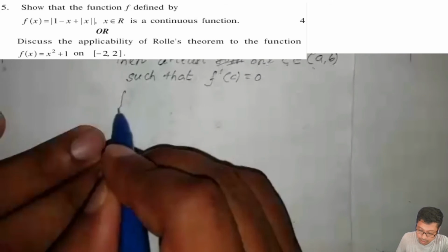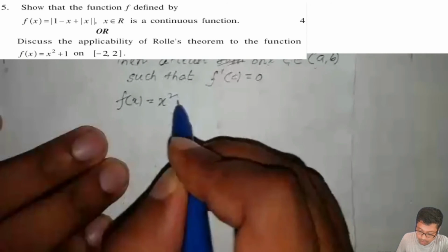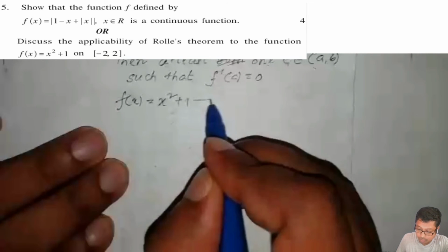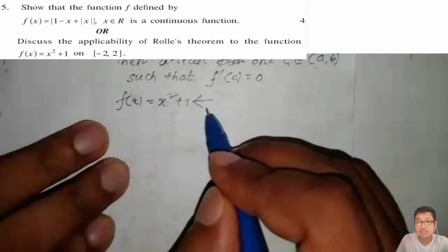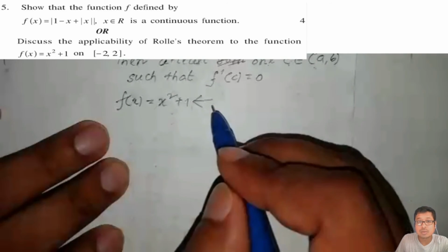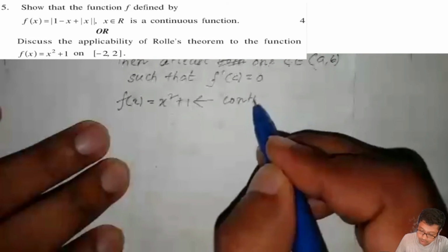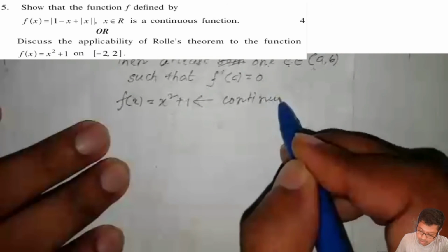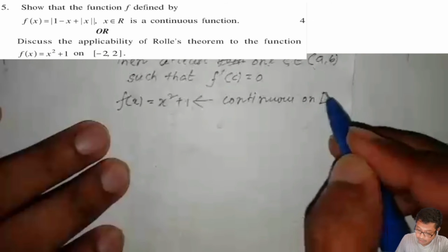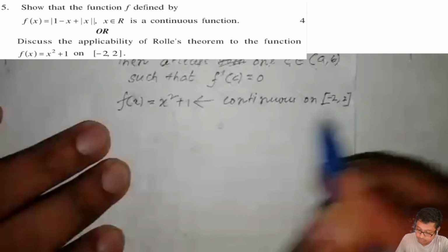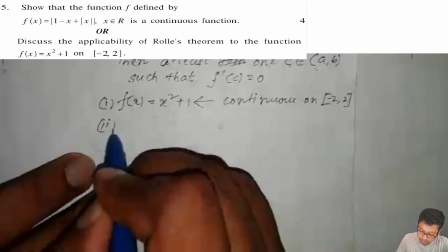Our f(x) is x square plus 1, a polynomial function, and this polynomial function is defined on the closed interval [-2, 2], so it is continuous there. So it is continuous on [-2, 2]. That is the first condition. Now condition number 2.